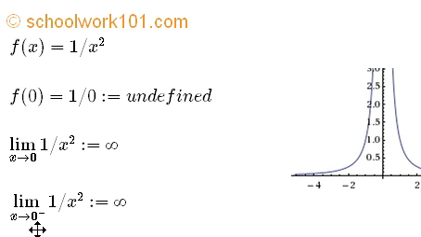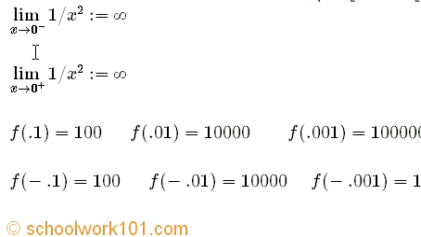Now we're doing this numerically. If we're coming in from the left-hand side, we're going to be doing negative 0.1. So we plug negative 0.1 in, into the x squared down here, and we get 100.